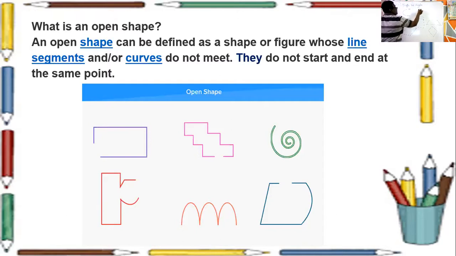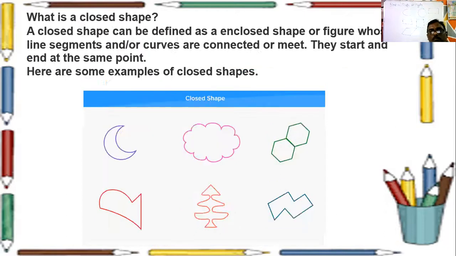Whereas in a circle, the initial point and terminal point will meet. Rectangle, initial and terminal points meet. They are called closed curves. This is an open curve where they will not meet. Whether you draw the line or not, they will not meet. So that is about open curves. And of course, we are not going to discuss any open curves in our syllabus.